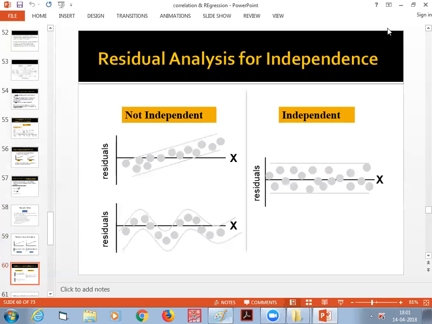Where is the residual in the graph? Okay. So the residual is nothing but the gray color, the gray color falling above or below the line. So they are the residuals. Okay, I'll go back to the previous slide, or even this slide.